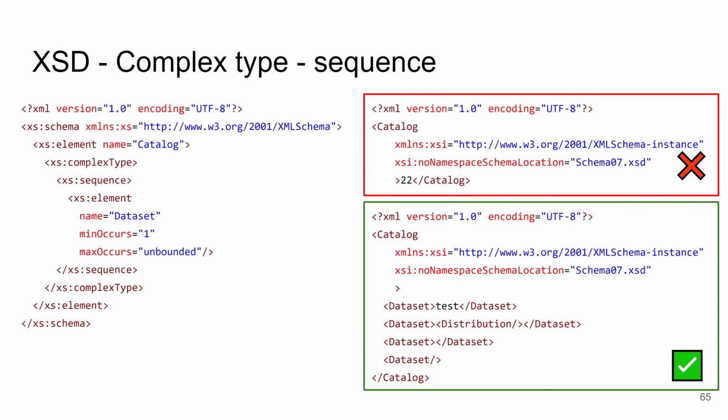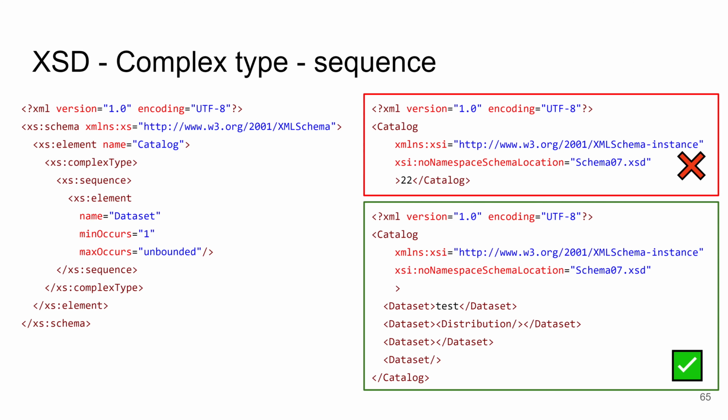So the first construct that we'll talk about regarding complex types is a sequence. A sequence says that there is a sequence of elements. It allows us to list those elements, again, by defining them as names and types and how many times they occur. The important thing here is that sequence is ordered.